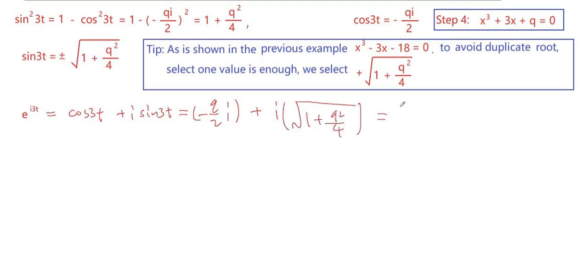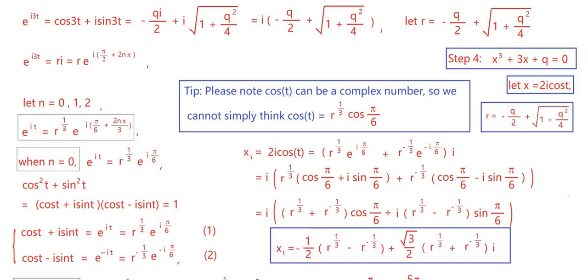So it becomes, we call this part R, and e^(i3t) equals R e^(i...), with this pattern, n can be 0, 1, 2.